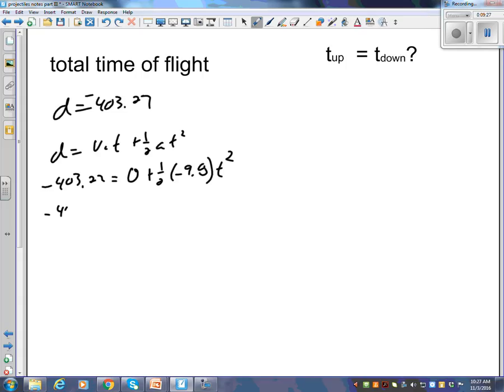So minus 403.27 is equal to minus 4.9 t squared. So t is going to be the square root of 403.27 over 4.9. I guess technically it's negative and negative.